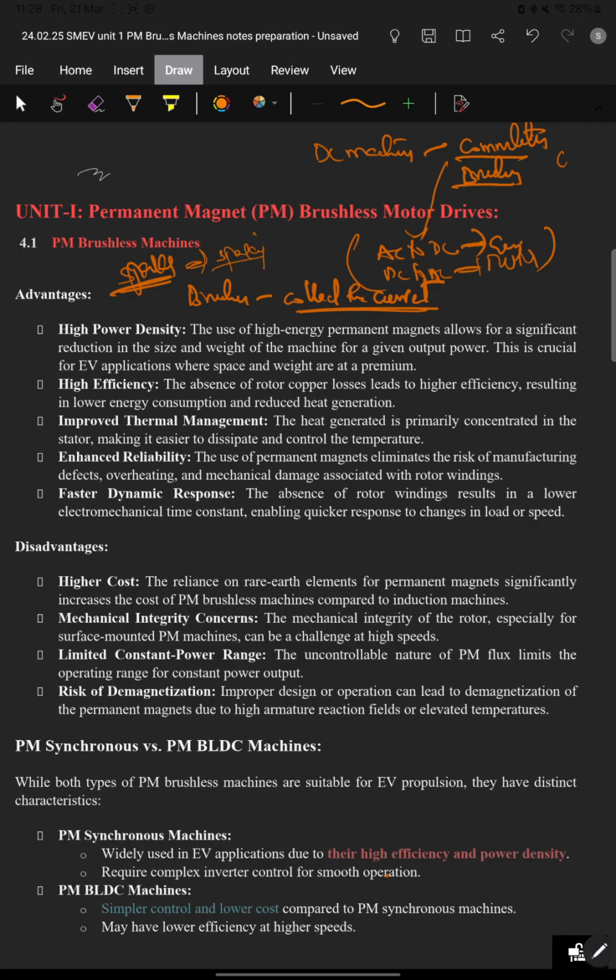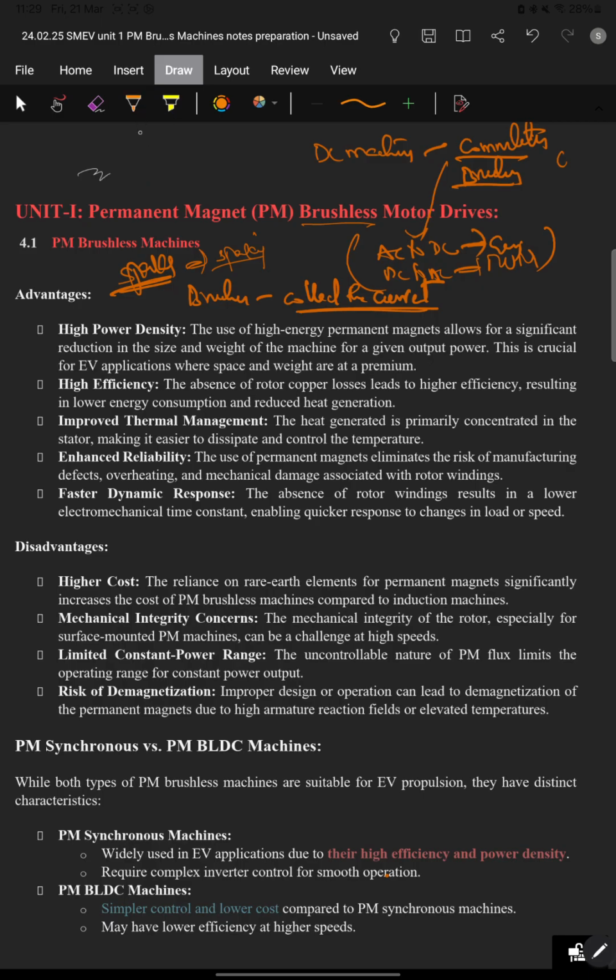So these are the problems that normally occur. And for a rotating machine, I cannot transmit a large amount of power because of this constraint. So instead of brushes, if I go with brushless motors, that will be a huge advantage, and we are going to implement that in these permanent magnet motors, so that we combine the permanent magnet and brushless motors together. I will add one more advantage with the permanent magnets here.